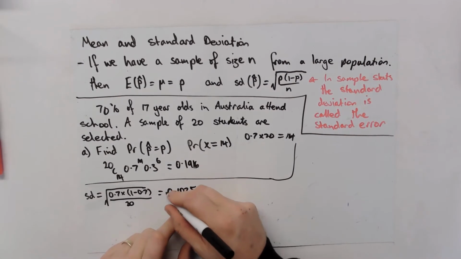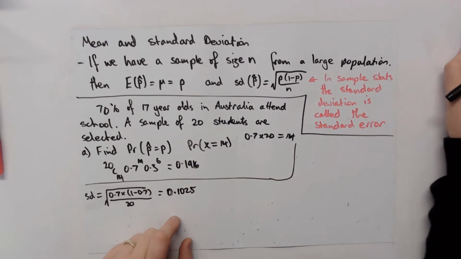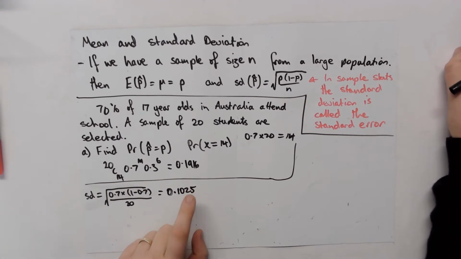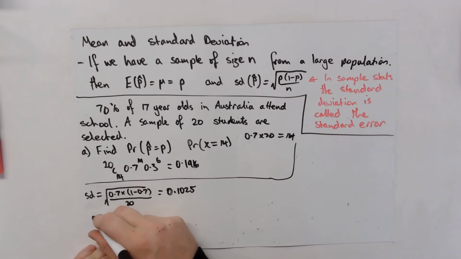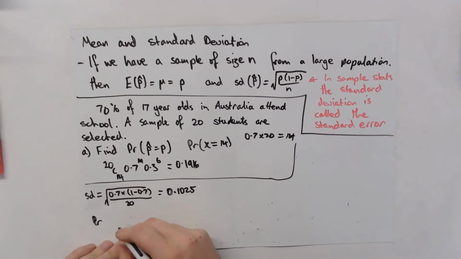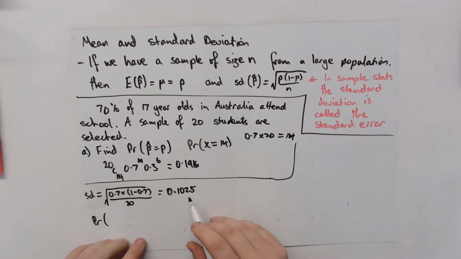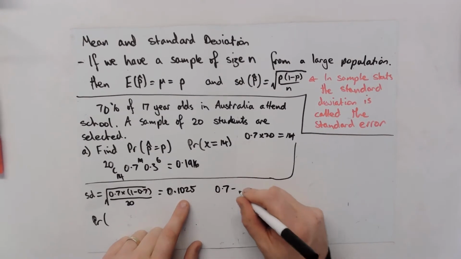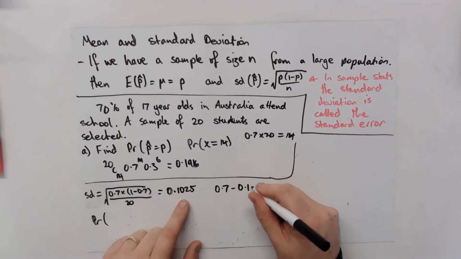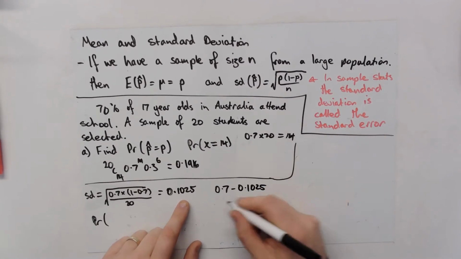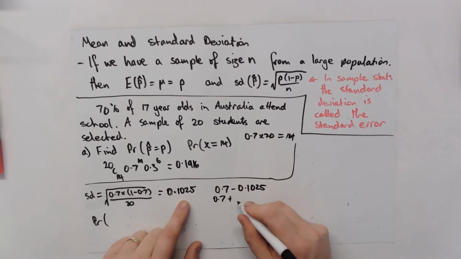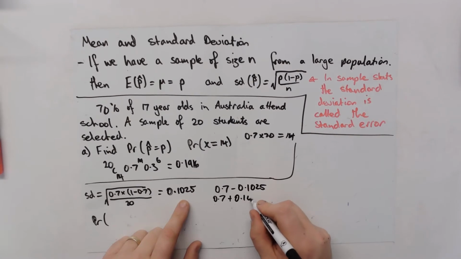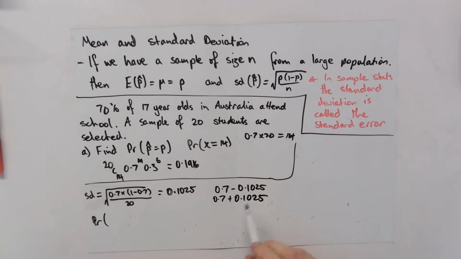So we want to know that our sample proportion lies within this standard deviation of the population proportion. So what we're saying now is we want to find the probability. Our proportion is 0.7, so we want to go 0.7 minus 0.1025, and 0.7 plus 0.1025, because they're going to be our lower and upper bounds.